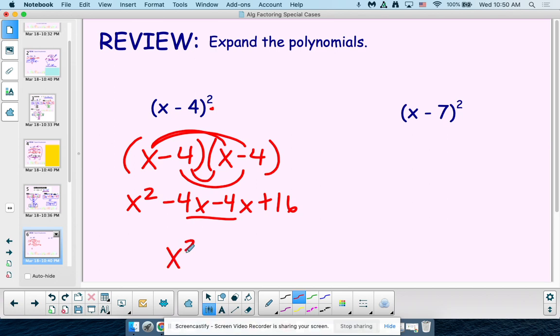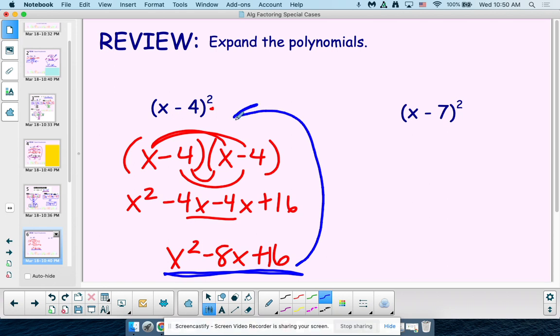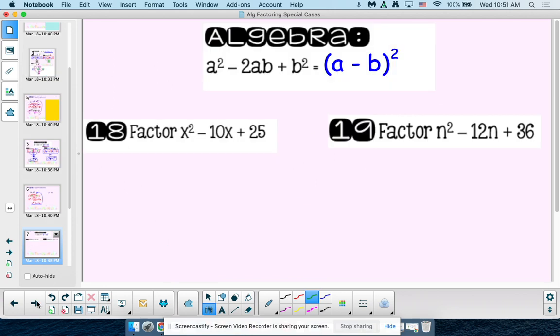Combine those guys, x squared minus 8x plus 16. So again, we're going to be going from here to something that looks like this. And it's going to look similar to what we just did, but our signs are going to be minuses. Okay? So your generic formula is up here, a minus b quantity squared.